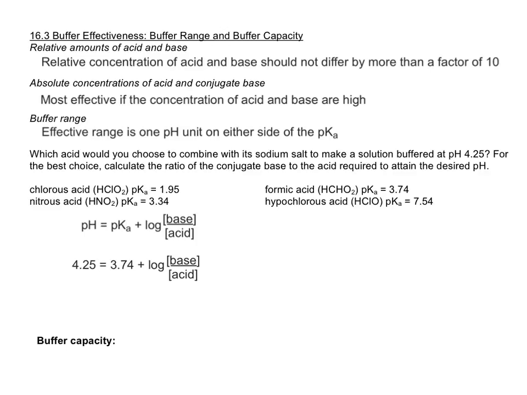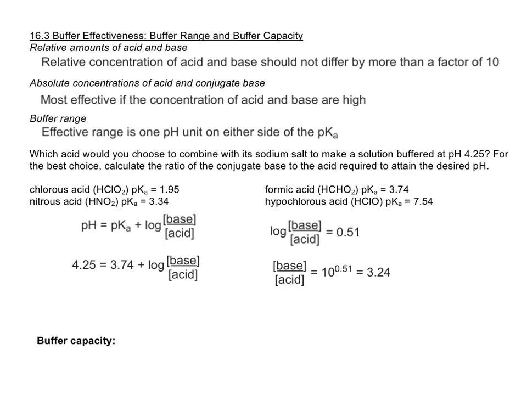And our pKa is going to be 3.74, because we chose the formic acid, plus the log of the concentration of base over the concentration of acid. So we'll just solve for that ratio. So the log of the base over acid is equal to 0.51. So the ratio of base to acid should be 3.24. Okay, so that means we should have 3.24 times as much base as we have acid in our buffer solution.